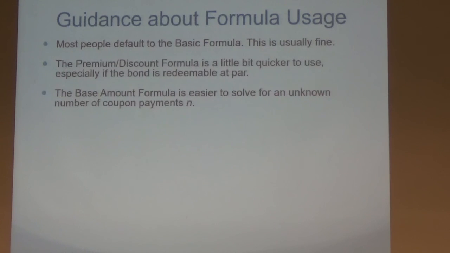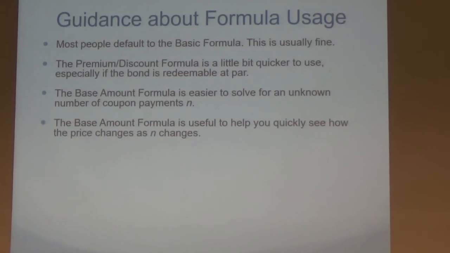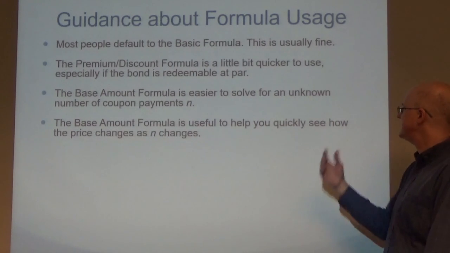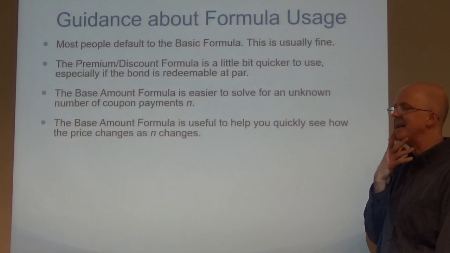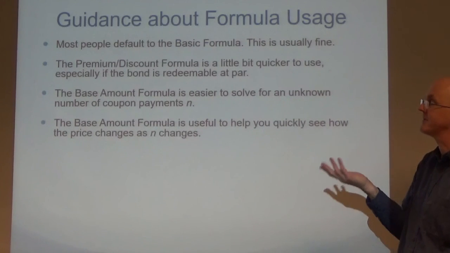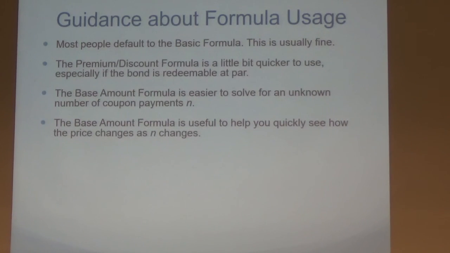The base amount formula, like I just mentioned, is easier to solve for the unknown number of coupon payments N. It is also useful to help you see how quickly the price changes as N changes just by thinking about what happens to V to the N as N increases, for example.